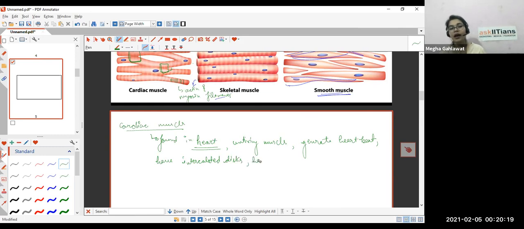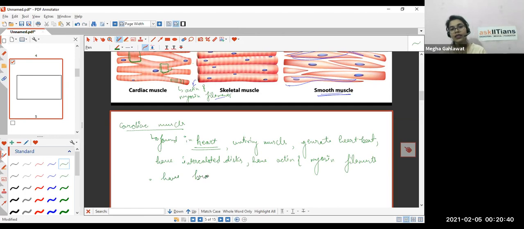And they have actin and myosin filaments.